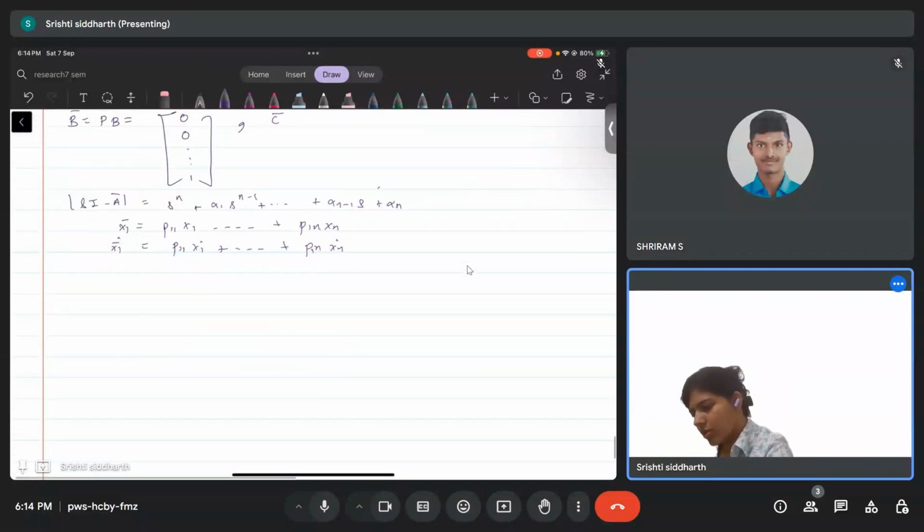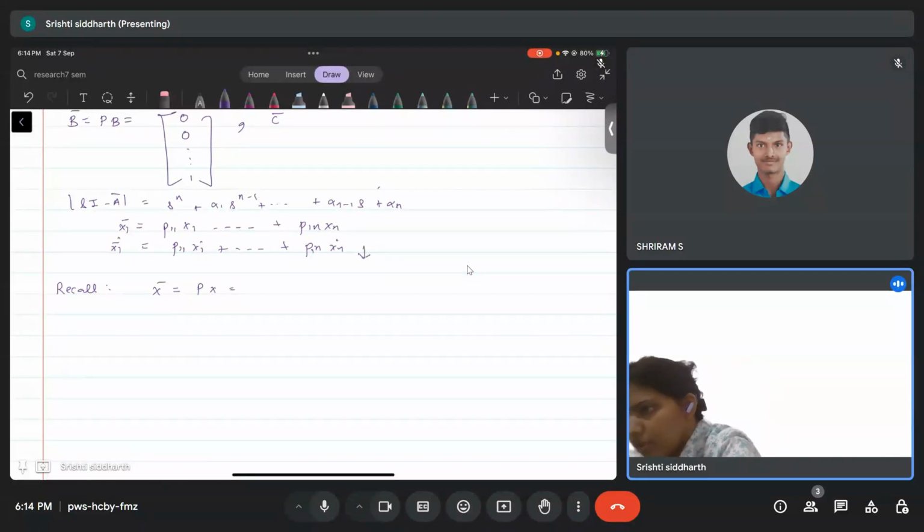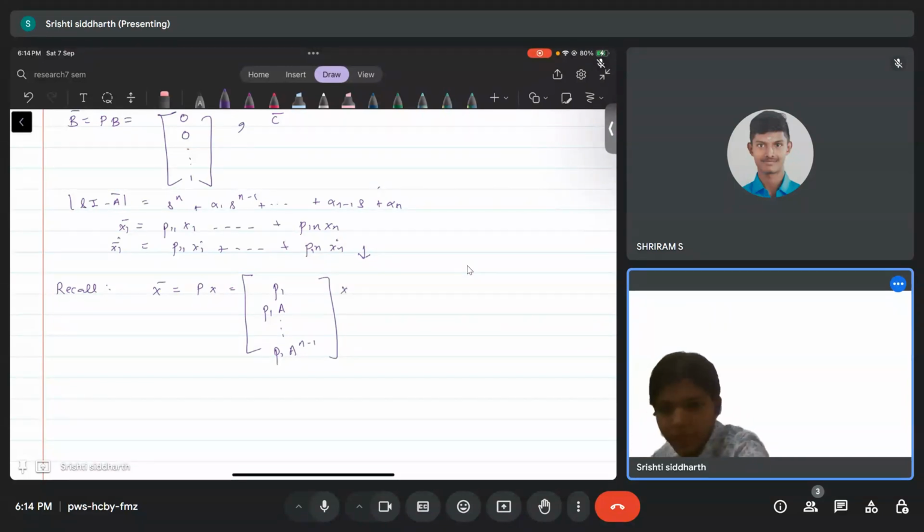So I think you can recall from the lecture series that this new variable x bar is related to some P times x, and by following this procedure you get the rows of the P matrix, right? So the first one is P1, then you have the first row times A, and then all up to P1 A to the power n minus 1 times x.